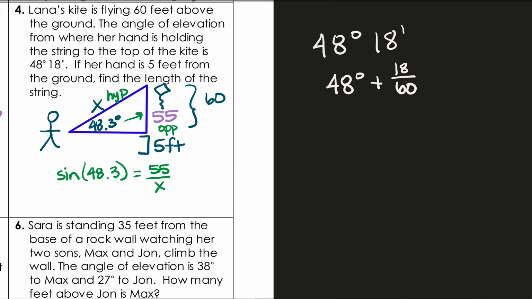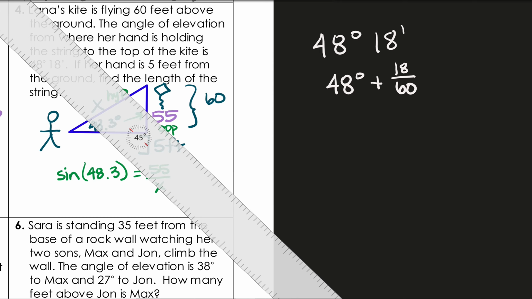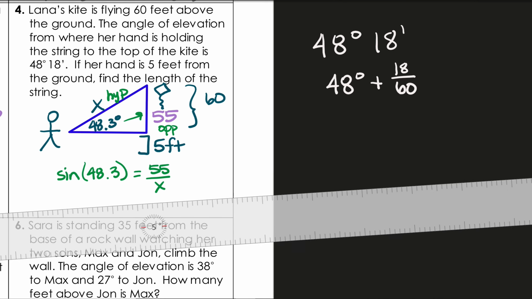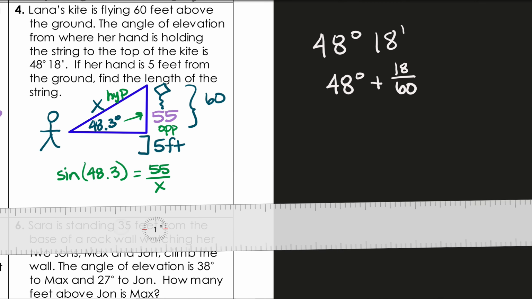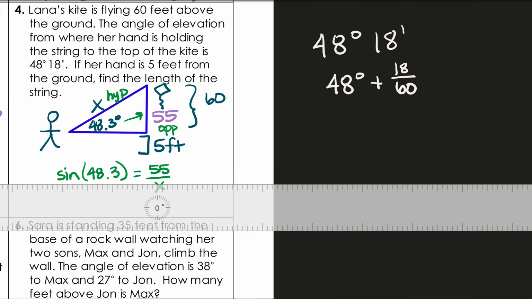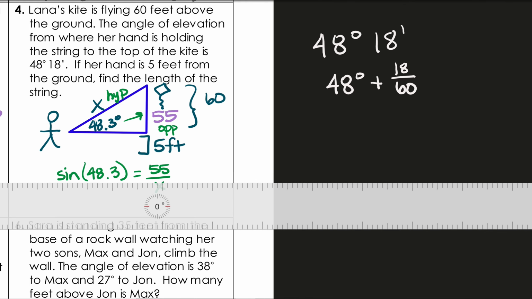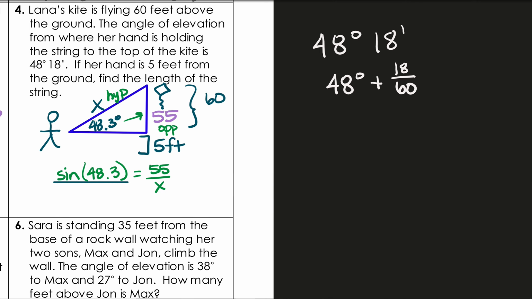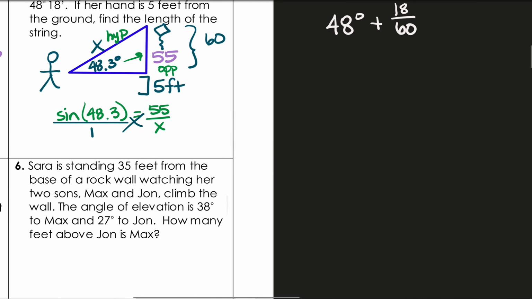So here, when you're looking at something like this, and you have a fraction equals some value, if we wanted to, we could make this value on the left look just like a fraction. Because as we know, all whole numbers are fractions. They're technically over 1. So now I have this fraction equals this fraction. This is easy because this is now a proportion. So I can just cross multiply.